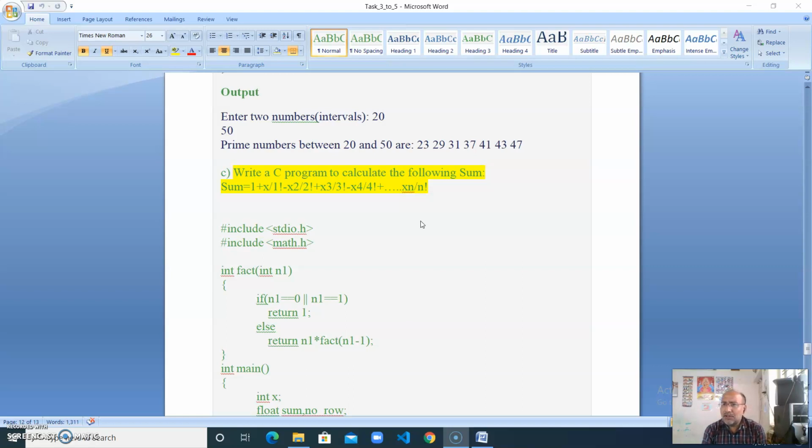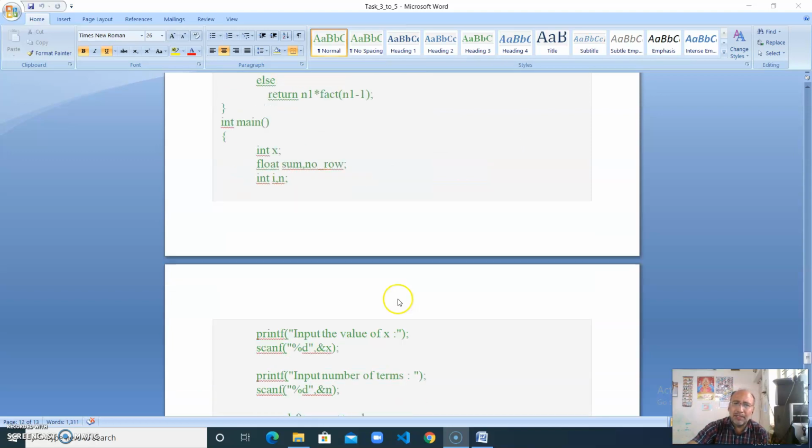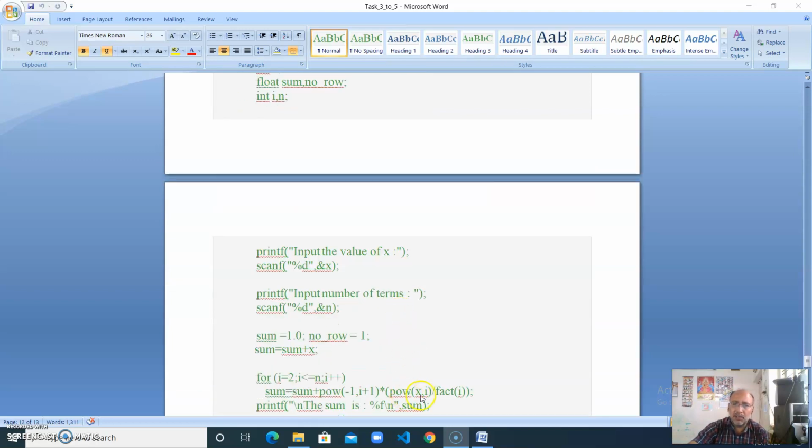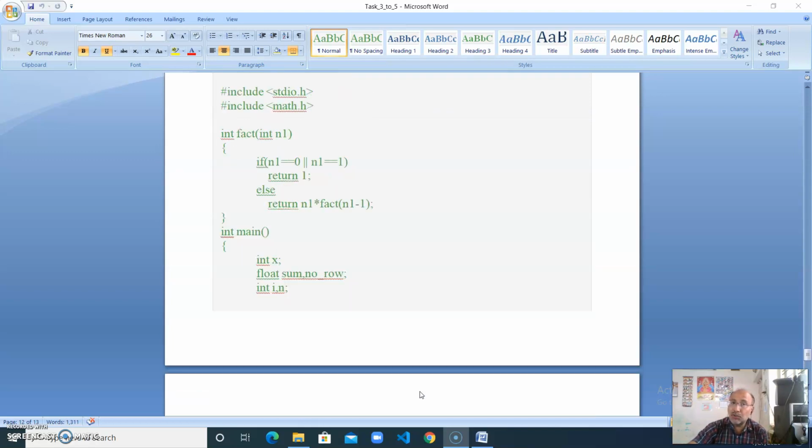There are two types of functions, which we discussed in the theory: user defined functions and system defined functions. The system defined function I use is the power function, pow. See here, pow. And also a user defined function, fact.